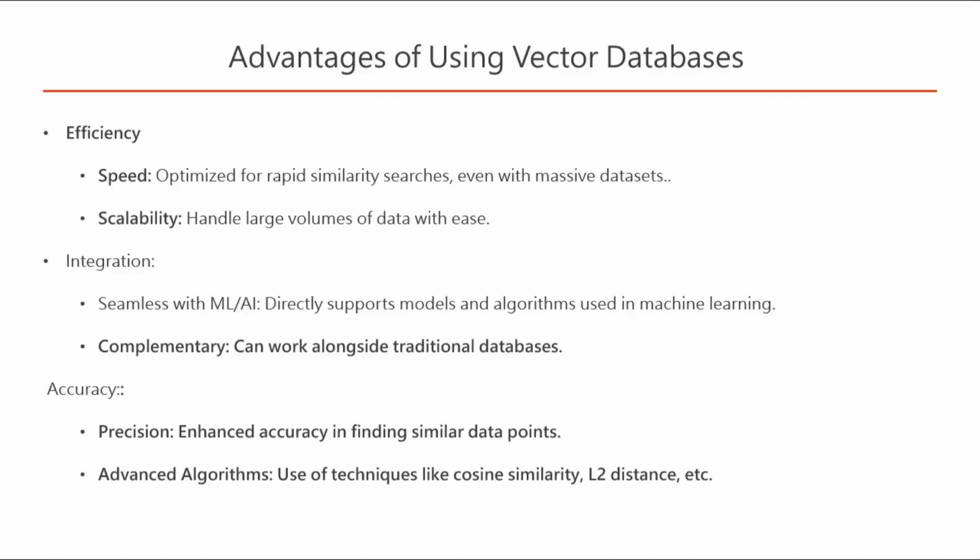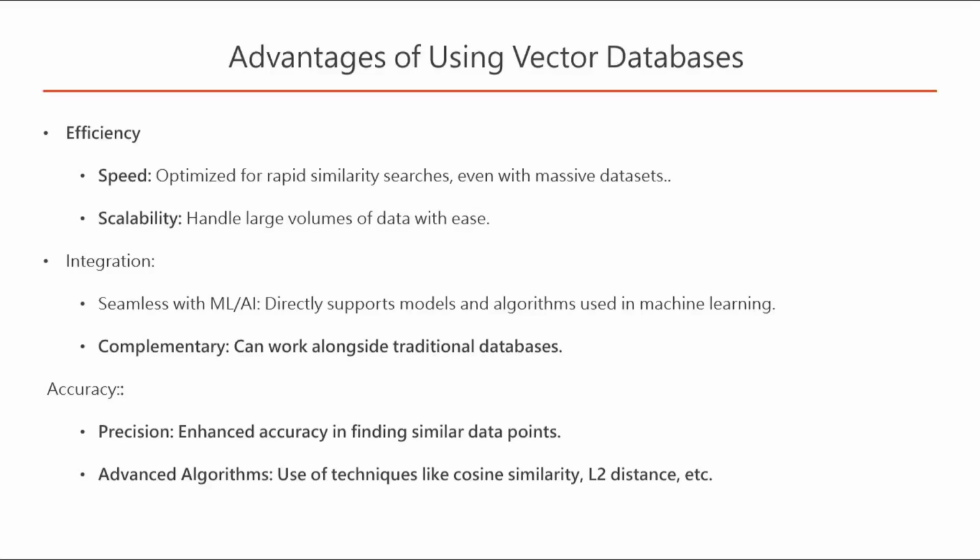Massive datasets means things like social media user interactions, post comments on Facebook or X, and other social media. Second, integration. It directly supports models and workflows used in machine learning and AI.